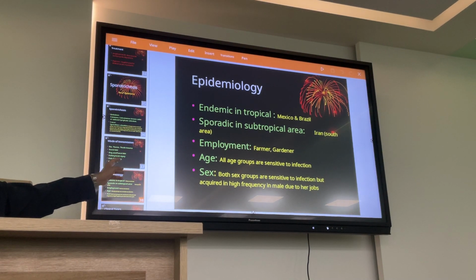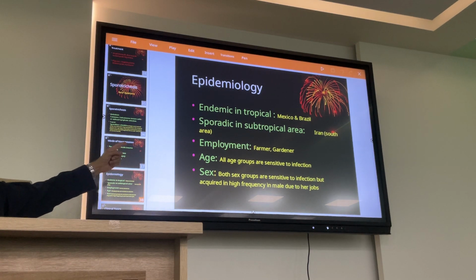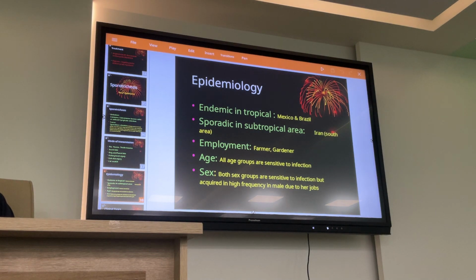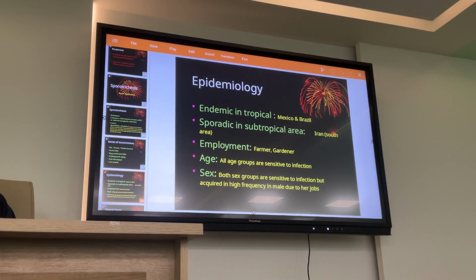In some countries, we see sporadic infection. Do you know what sporadic means? Sporadic means seldom, rarely, a low number of infections.